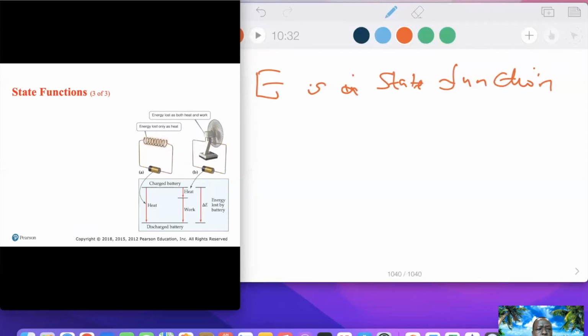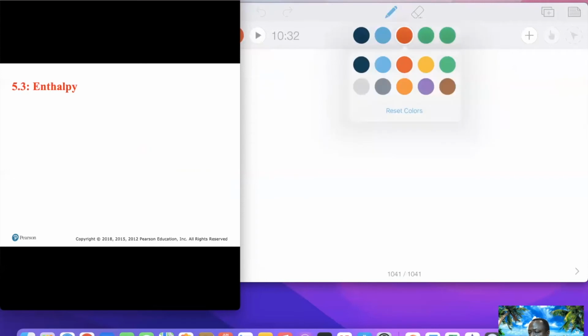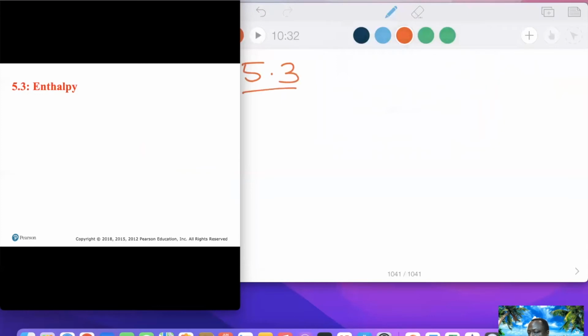I would want to shift gears to section 5.3, which is enthalpy. And what is enthalpy? This is the first time you're looking at enthalpy.